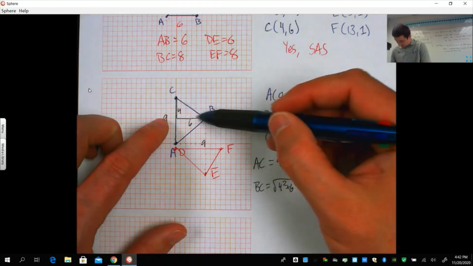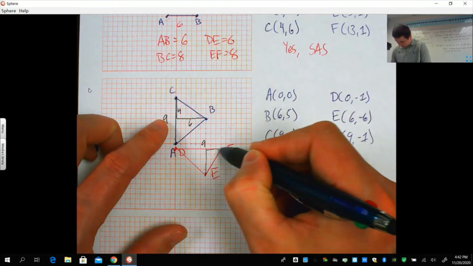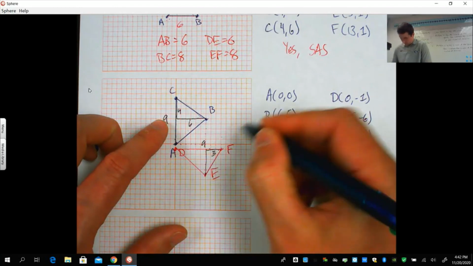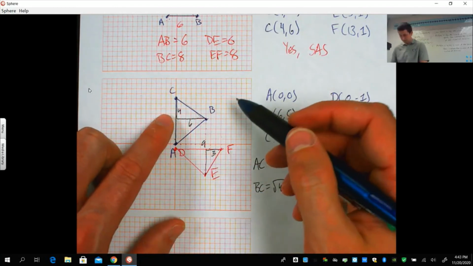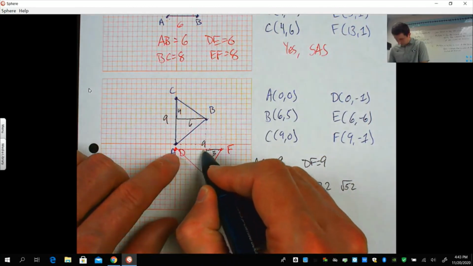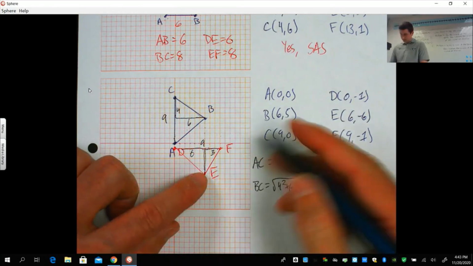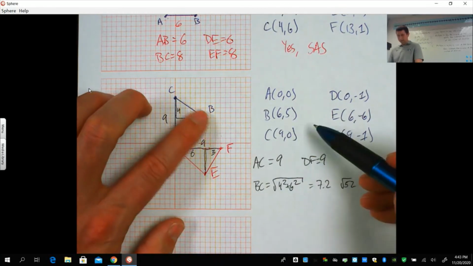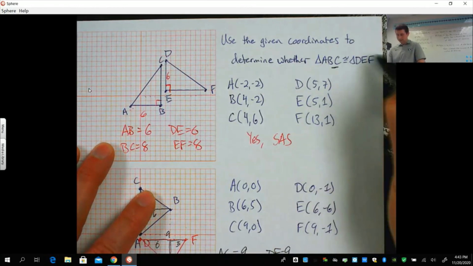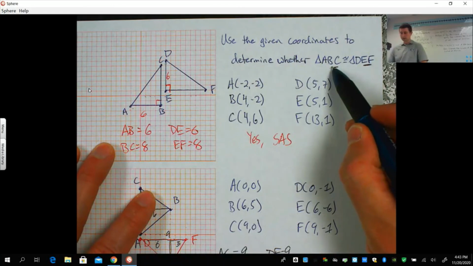Okay, so that looks like maybe this side over here. That's 3 over. That doesn't match the 4, so that would be different. Let's go from the other side. That's 6 over. So E to F, remember B to C should be the same length as E to F, because those are the corresponding parts in the congruence statement.